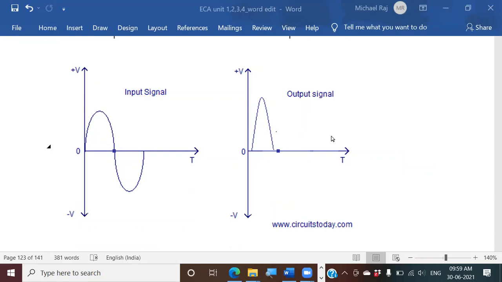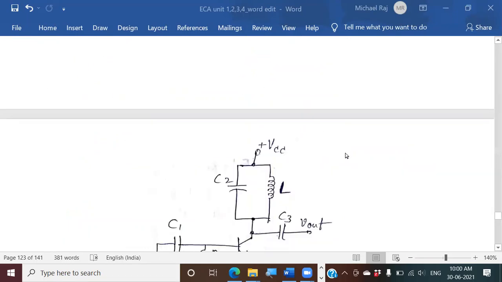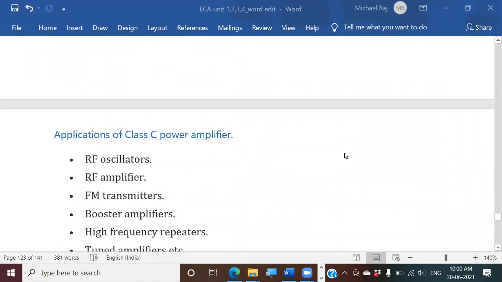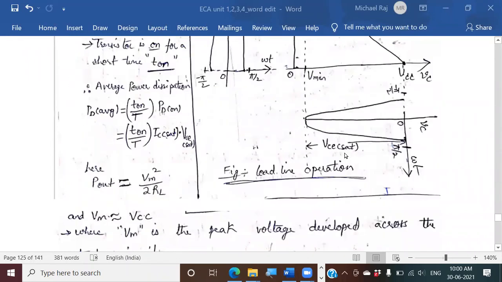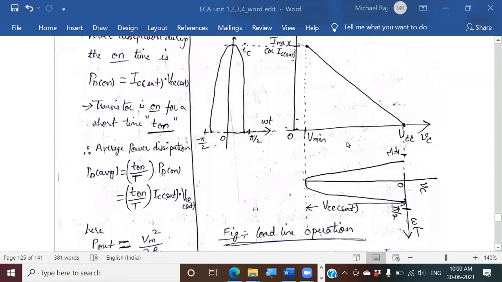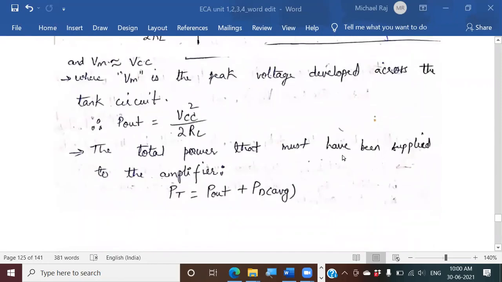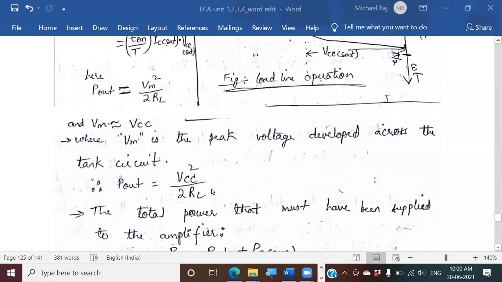So the Vm that we take usually will be equal to VCC. So now we can replace Vm with VCC, and write VCC square by 2RL.